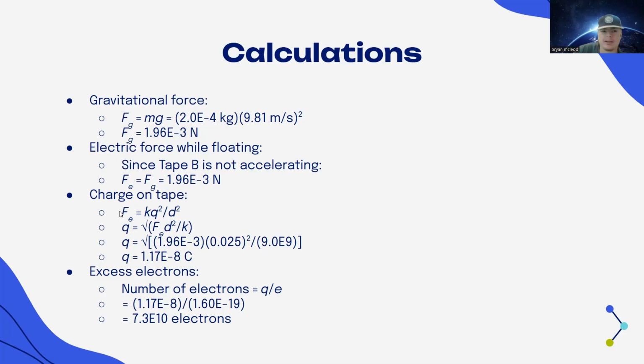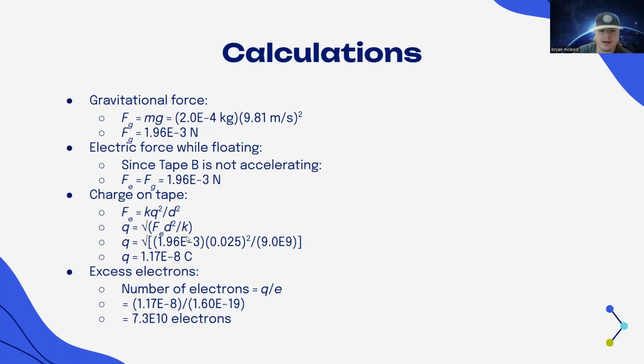So, the charge on the tape. We can get our charge by plugging in our known variables. You rearrange Coulomb's law and plug in Coulomb's constant, the distance between the two tapes, and the force that we calculated, which is 1.96 e to the negative 3 newtons.